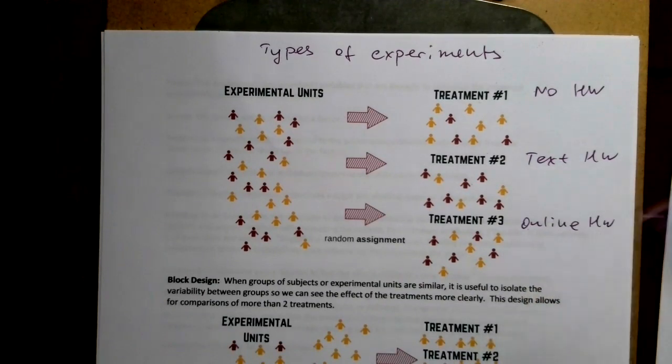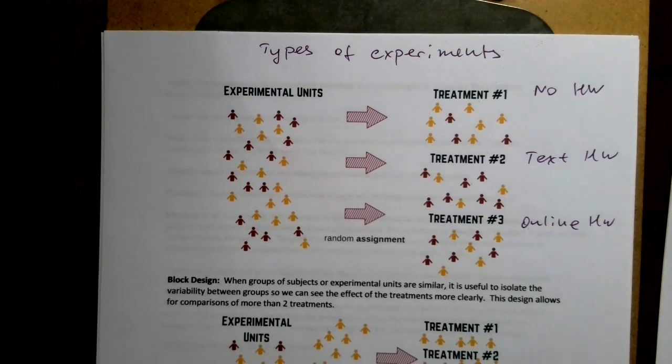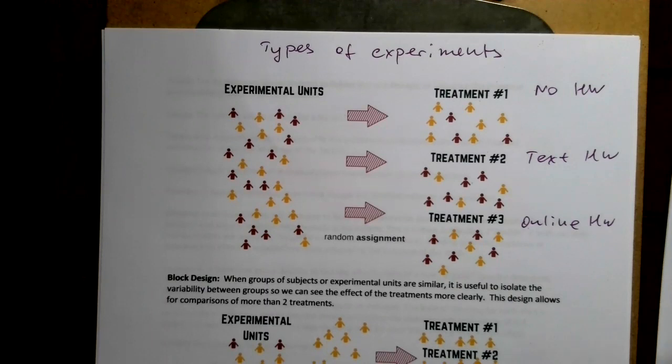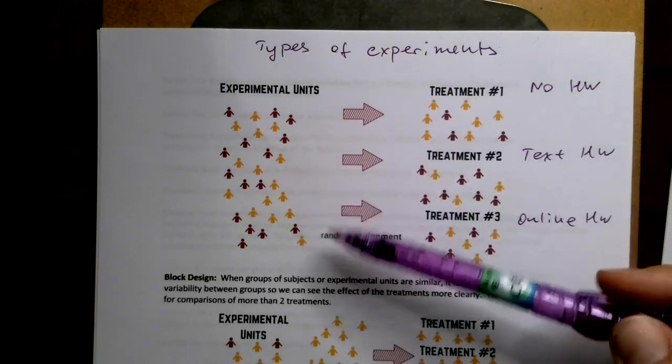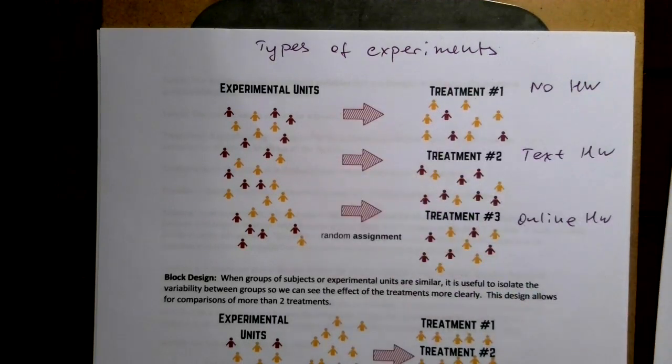So let's say that now I have a class of, let's say, 45 students, and I randomly assign each student to one of these groups by, I don't know, a random number generator, or flipping a coin, or doing our hat technique, one of those, just based on randomness. So this is a completely randomized study. It's called completely randomized.